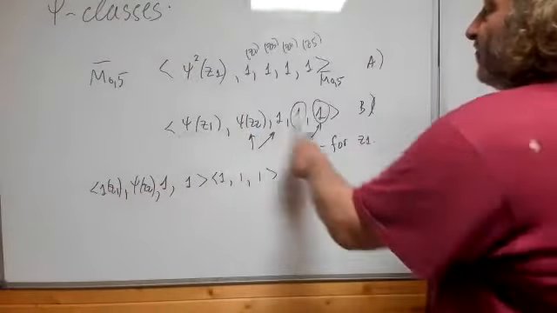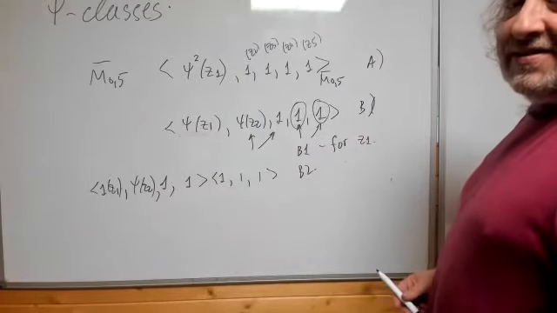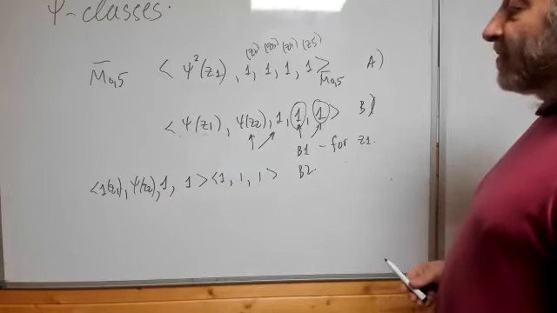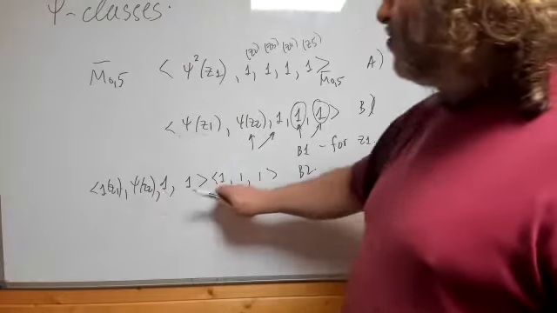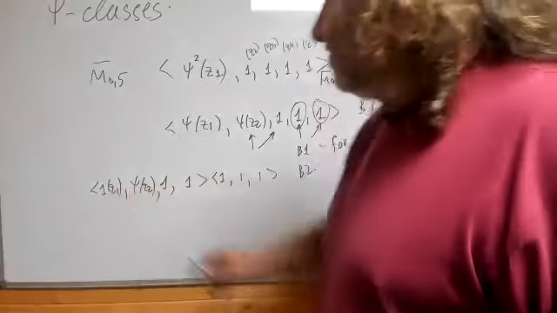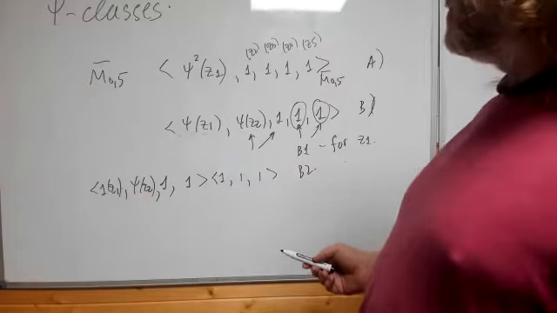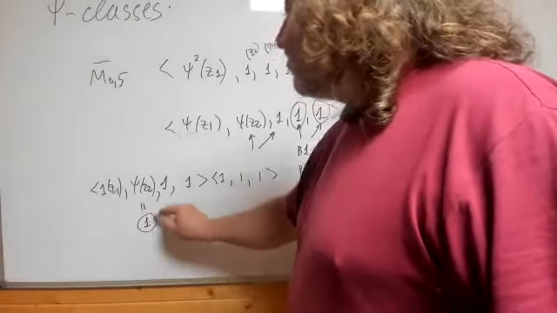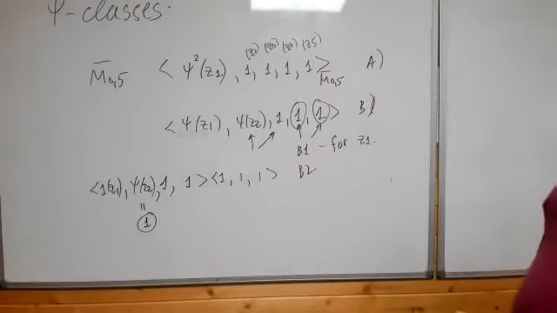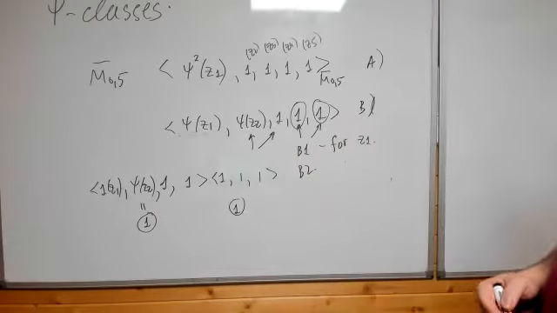So here I had 5 points. So here I should get 7 points. 1, 2, 3, 4, 5, 6, 7. That's why I get 1 from here, 1 from here. So answer is 1.